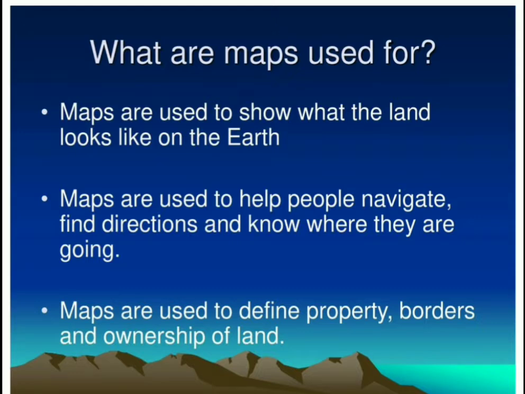Maps are used to show what the land looks like on the earth. Maps are used to help people navigate. Navigate means to travel on the ocean, find directions and know where they are going. Maps are used to define property, borders and ownership of land.